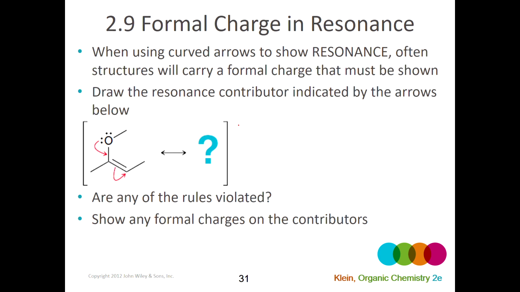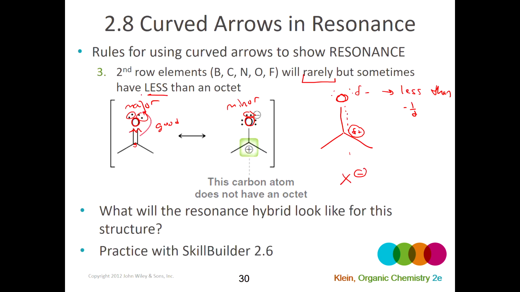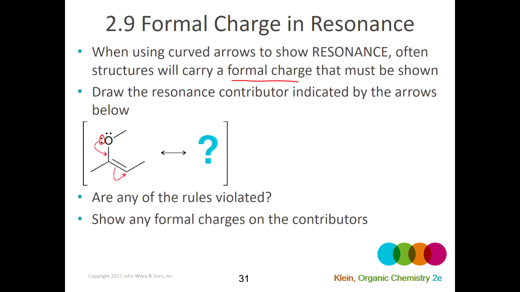All right, so when you're using curved arrows in resonance, make sure you show any formal charge that exists in any contributor that you would create. So we'll take a look at these electrons here, and the arrows. What are the arrows showing? This arrow is showing this pair of electrons moving in to form a double bond here. I don't want to show it yet.